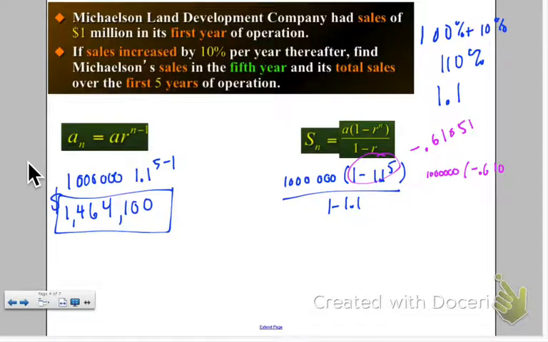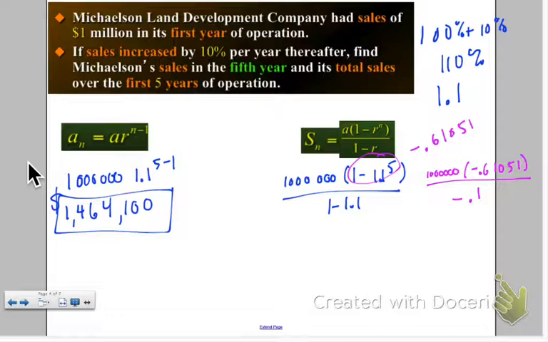And then that's over negative 0.1. So, divided by 0.1, bam.